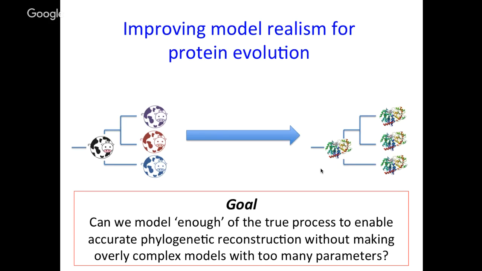So I'd say the overall goal of our work and many others in this field is to try to figure out if we can capture enough of the true underlying process of protein evolution to allow more accurate phylogenetic reconstruction at the deepest level. But one problem is that you cannot possibly model the process exactly realistically.